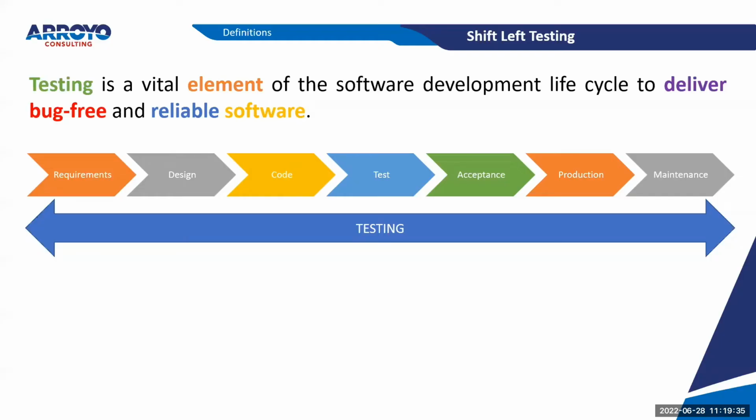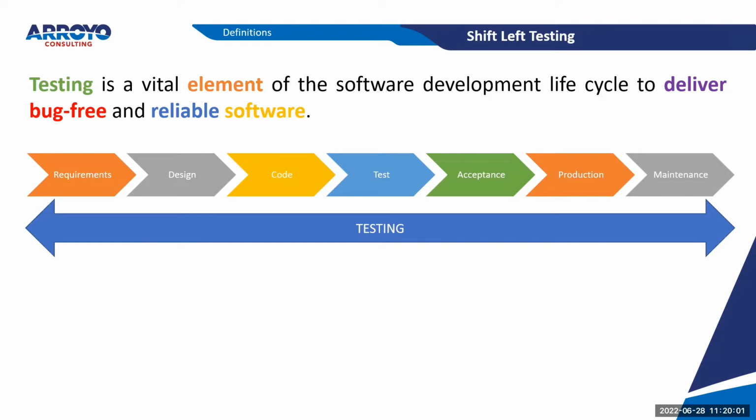Regarding this, the testing process is a vital element in the software development life cycle, because it allows us to release an end product with the minimum number of bugs.